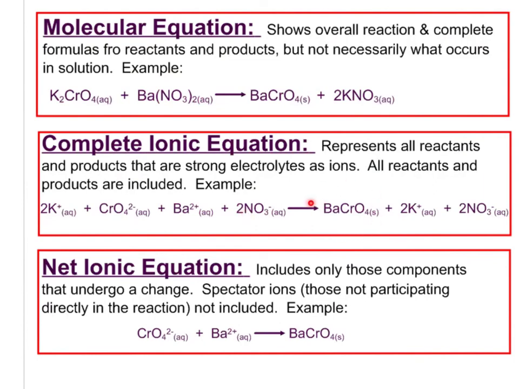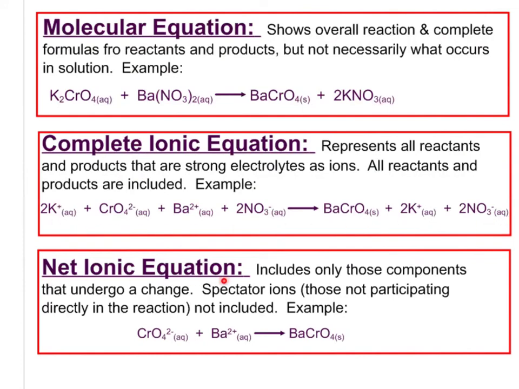The barium chromate will remain as a solid. It is not dissociating in that solution, so it will remain in this form. But we do have potassium ions, and there are 2 of them, so we will write it like this. And we have nitrate ion right here, 2 of them, so we'll write that like this. And there is our complete ionic equation.